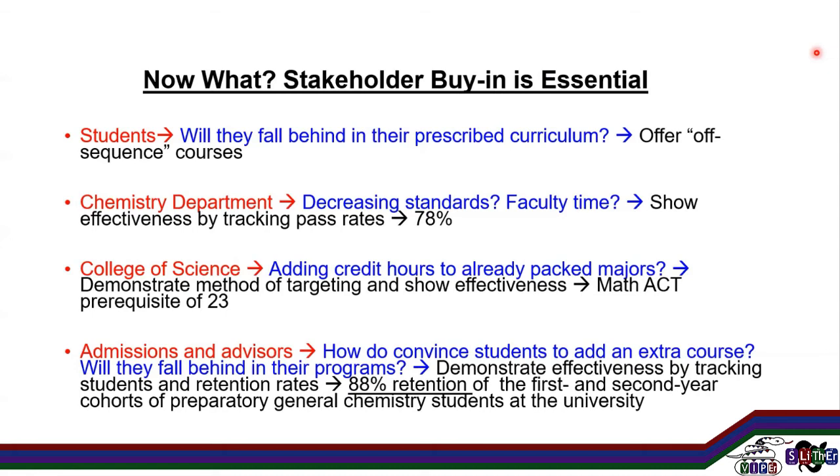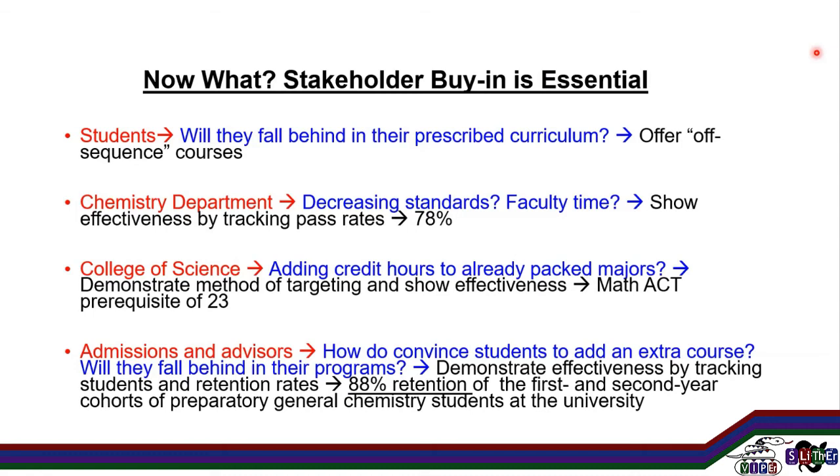The chemistry department, well, they had lots of things to say. Their argument was, well, now we're decreasing standards. What about faculty time? And really, the only way to convince your chemistry colleagues is to show them the effectiveness with pass rates.